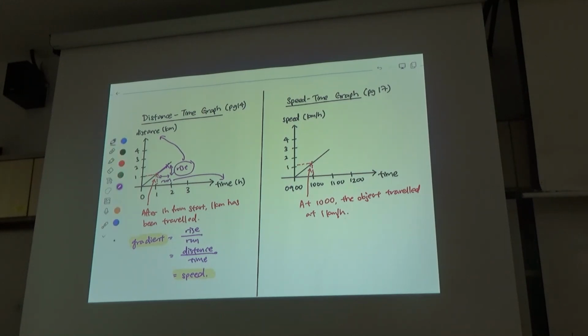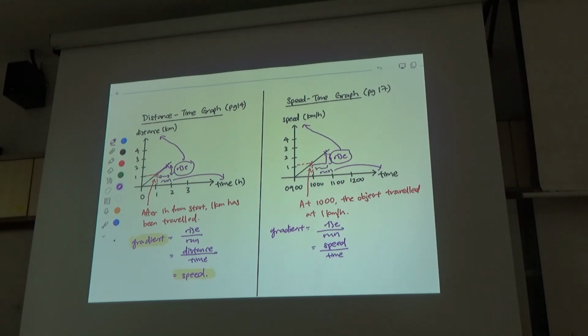But what about our speed time graph? If I have a point over here, again, okay, our rise and run. Rise is defined by our speed here, and then run is actually our time. So gradient will actually be speed divided by time.